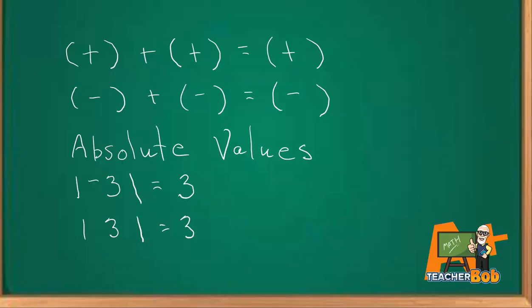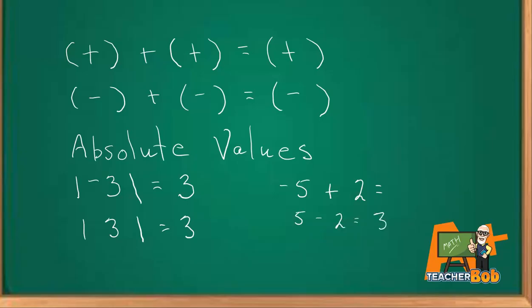If we had, let's say, negative 5 plus a 2. Well, if we're adding two different signs, we're going to take the number with the larger absolute value. In this case, it would be 5, just 5. We're going to subtract the smaller number.